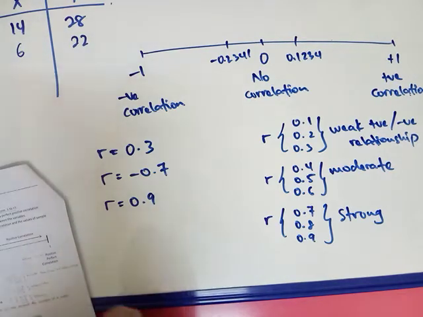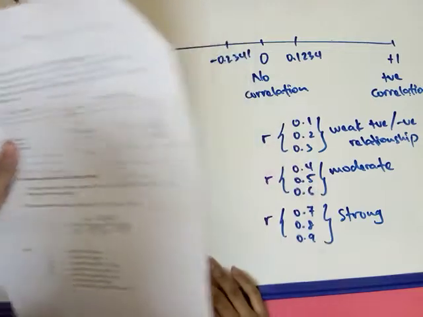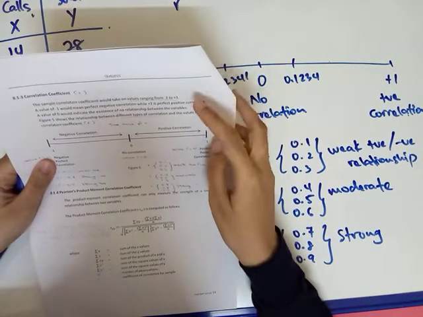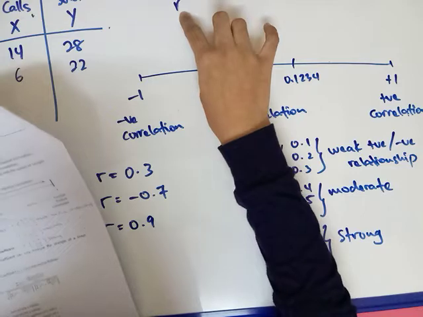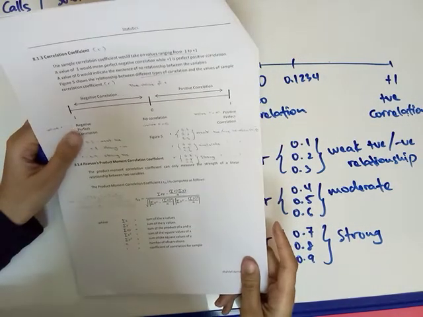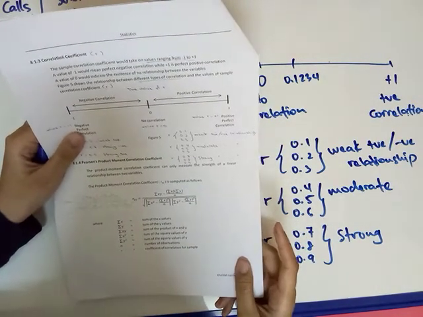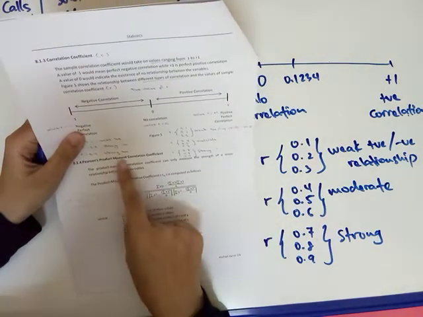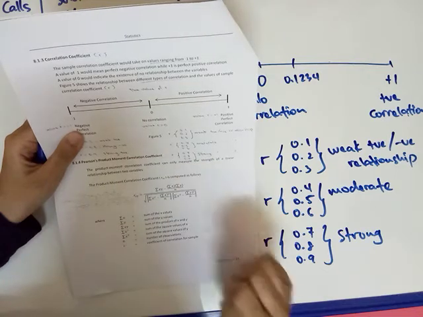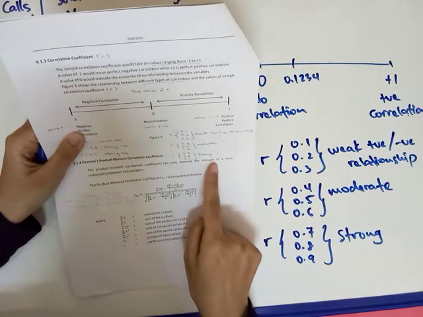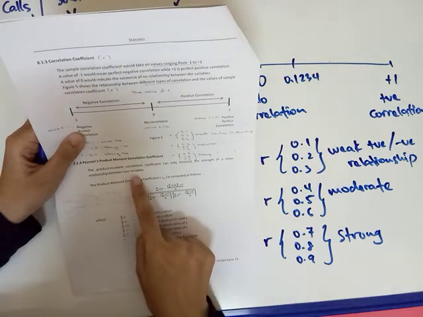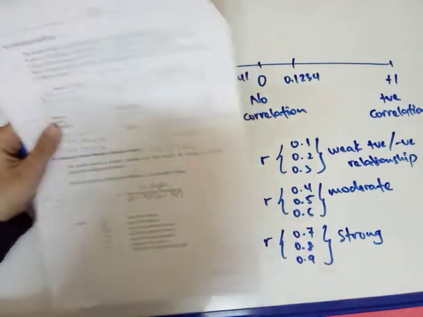So now, to measure the correlation coefficient, we want to get the value of r. The correlation coefficient is obtained by using Pearson's product moment correlation coefficient. It only measures the strength of a linear relationship between two variables.